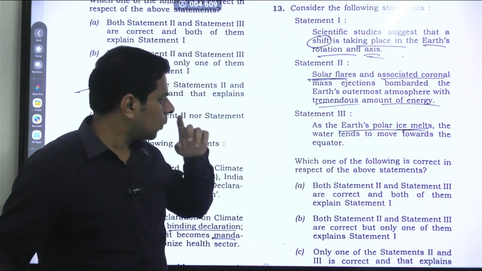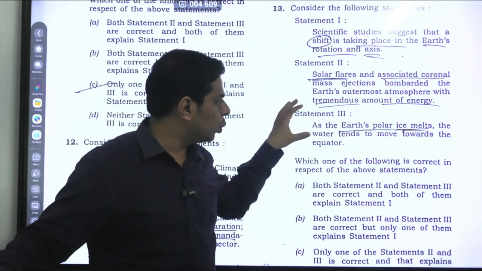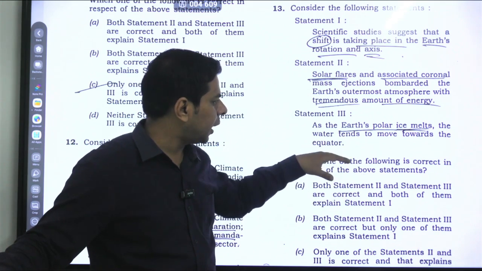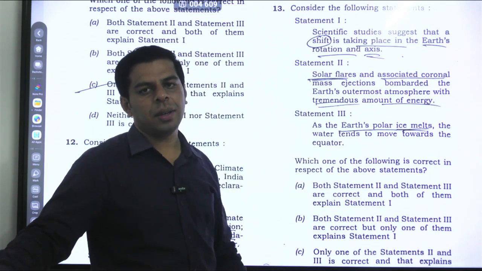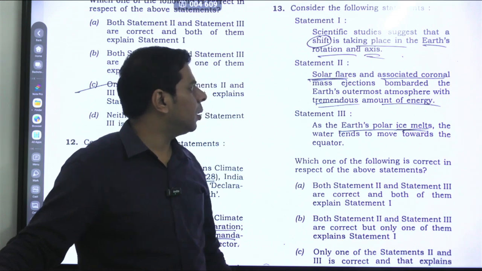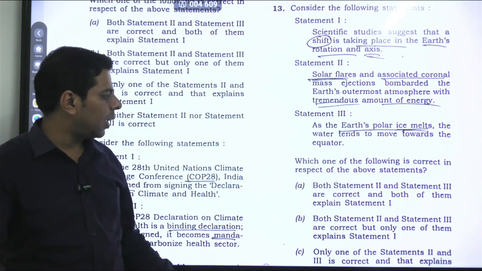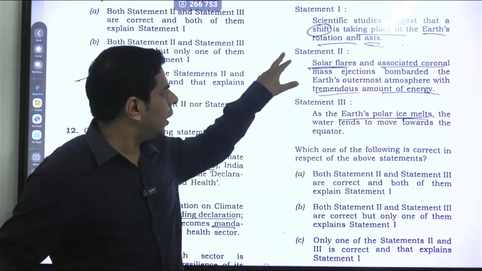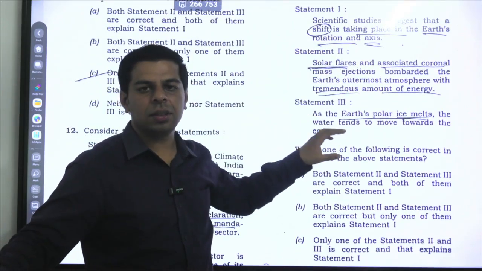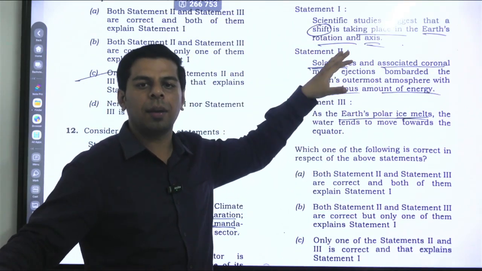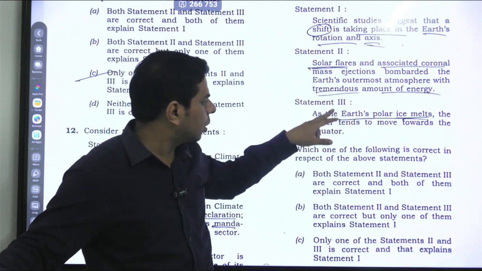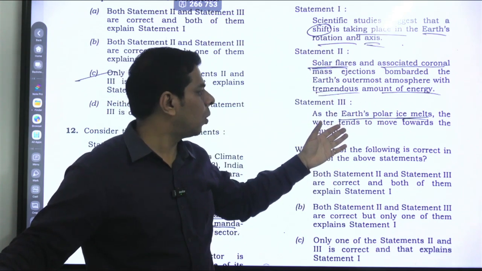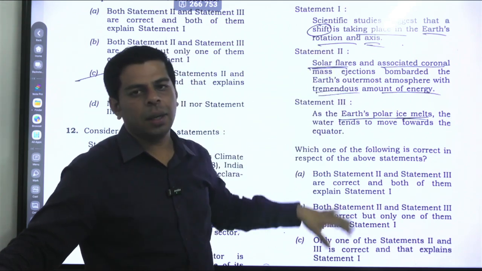The third statement says, as the polar ice melts, the water level will begin to rise, and it tends to move towards the equator. So you can say once again the theme goes as all three statements are correct, but you cannot link this rotation to the solar phase. That's an independent event that is taking place in the atmosphere. Even though the third event, because it's related to water circulation and water balance, is creating an impact.